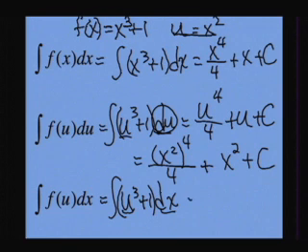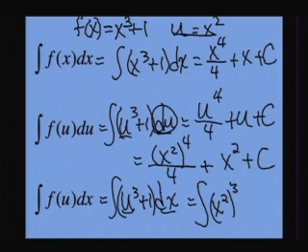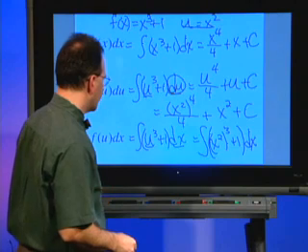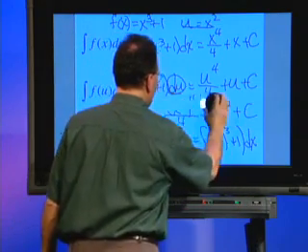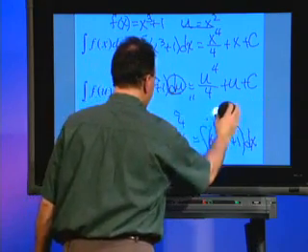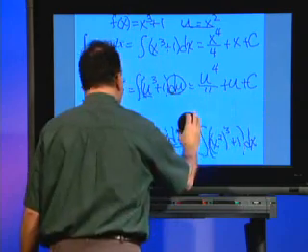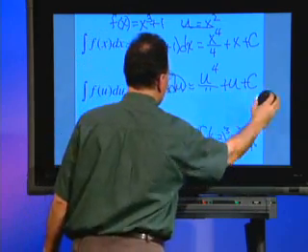And the substitution would yield that we're looking for the integral of x squared cubed plus 1, and my differential is dx. Now I need some space here, so let me erase a little bit, and I'll go up above where I've been working.